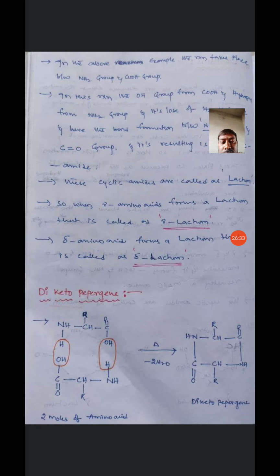And the next, diketopiperazine. Here, 2 moles of amino acid undergo heating, with loss of 2 moles of water molecules, and form diketopiperazine. NH2CHR C=O OH is 1 mole of amino acid, and COOH CHR NH2 is the other mole of amino acid.